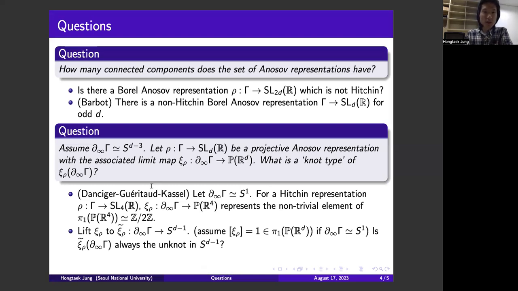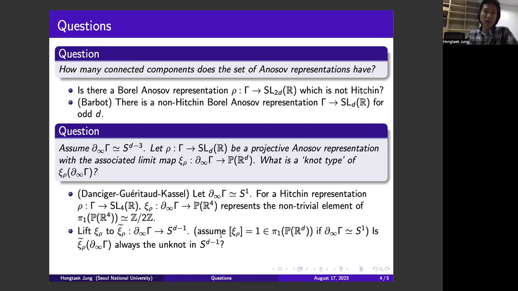To make this question more traditional, let's lift our limit map to the sphere, which is the universal cover of our projective space. If we assume that the limit map represents a trivial element in the fundamental group, then we can lift it to the universal cover. Then we really have a codimension 2 sphere, S^(d-3) in S^(d-1).